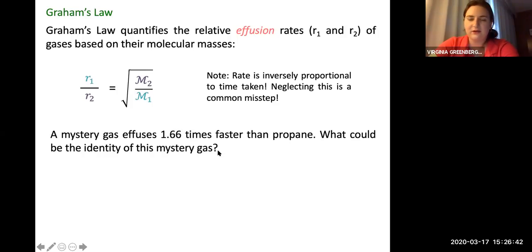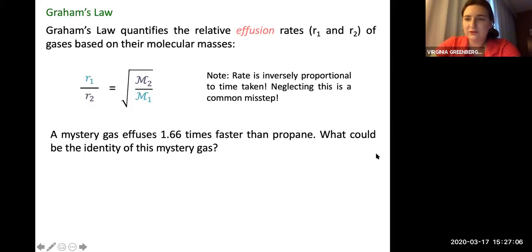So right away, I know something about our gas without doing any math. Since it's faster than propane, I know it must be lighter than propane, because we're going to assume they're both at the same temperature. And that can be useful when you're doing multiple choice questions also, to keep in mind, because we know it's going faster, it must be smaller.